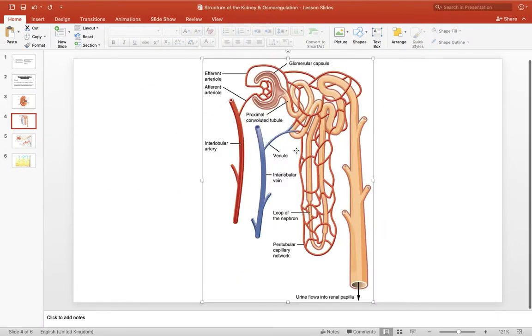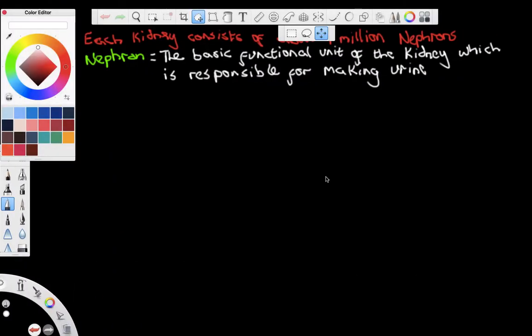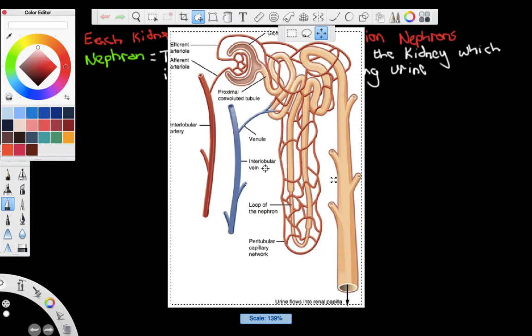And if we go to our PowerPoint, we've got a diagram of a nephron here. Now, each nephron consists of a renal, also known as a Bowman's capsule, which would be this part here. It would then feed into what's known as a proximal convoluted tubule.